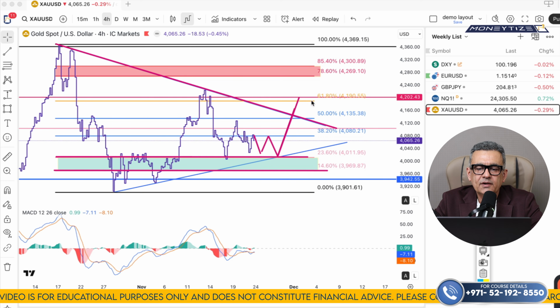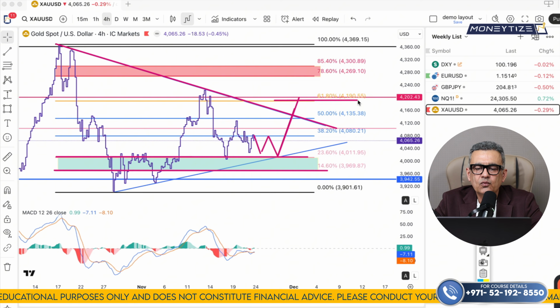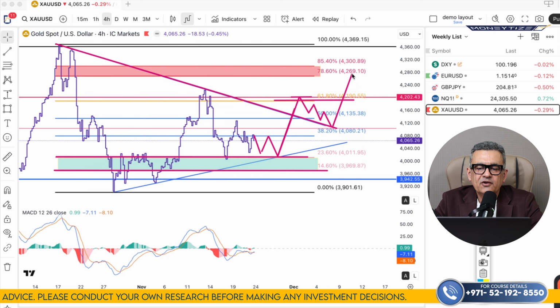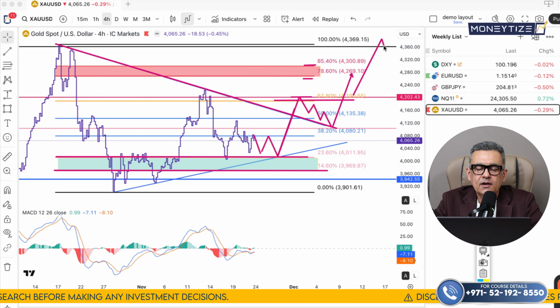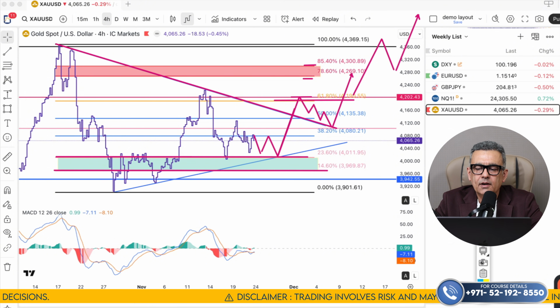So the first target would be around 4170 to 4190, retest of 4135 or maybe the 4100 mark, a valid retest, and then it will quickly march towards the 4269 to 4300 mark. Once it breaks above 4300 and creates support above this area, then we will expect continuation higher.